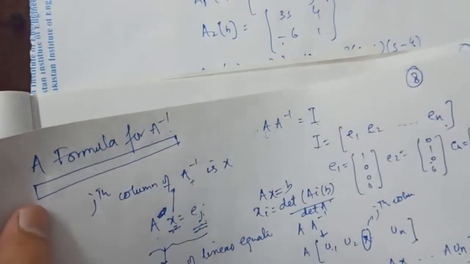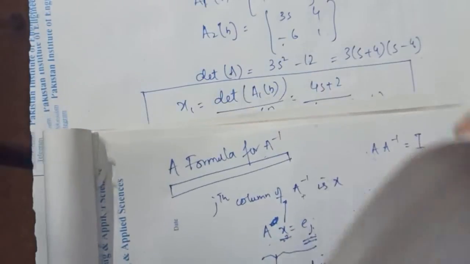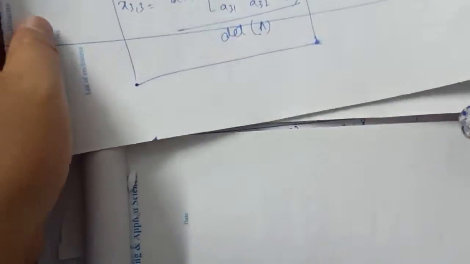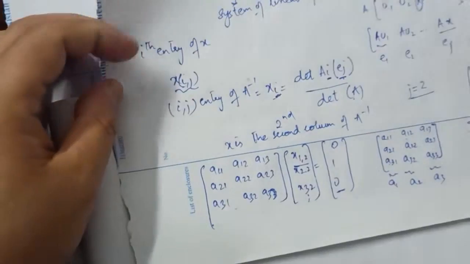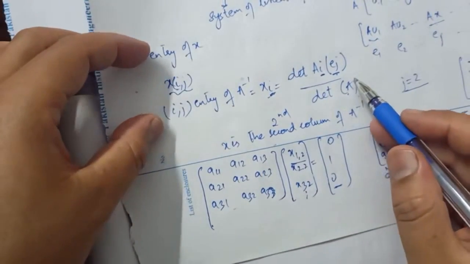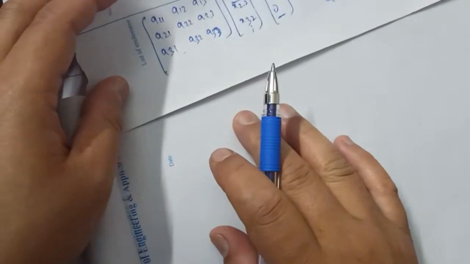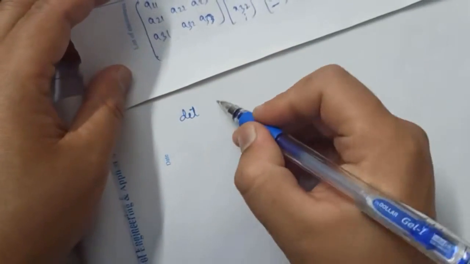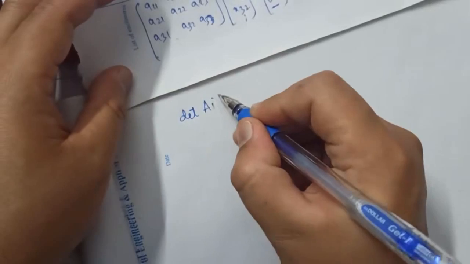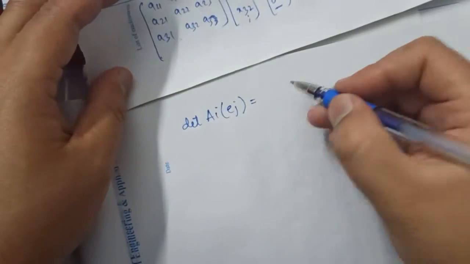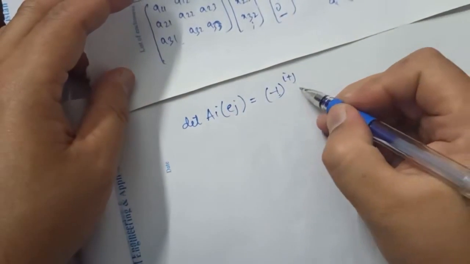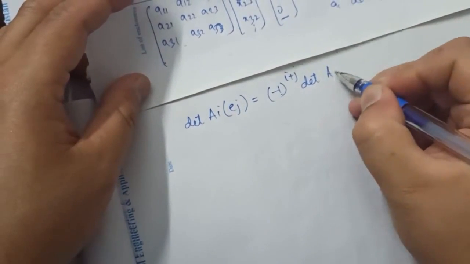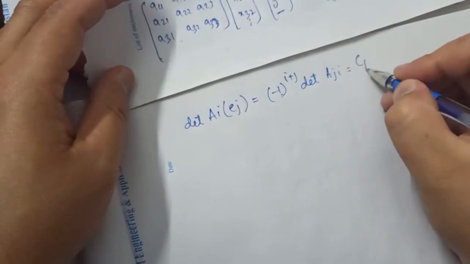So I can actually write this determinant, now that you've understood this equation, the determinant of A_i(e_j), as equal to (-1) to the power i plus j times the determinant of A_ji, which is equal to C_ji.